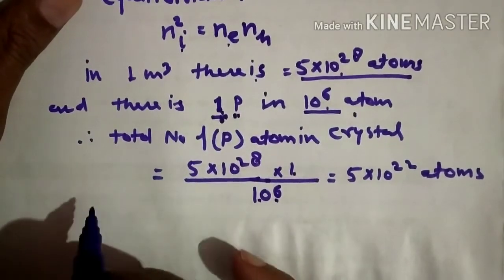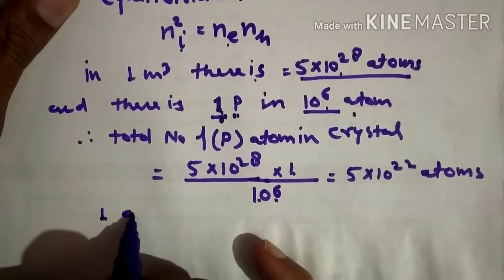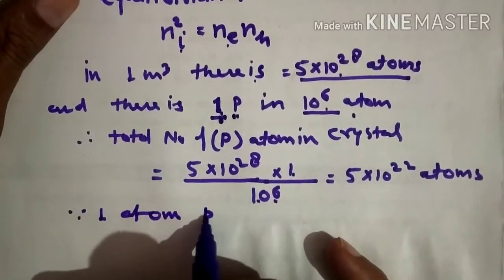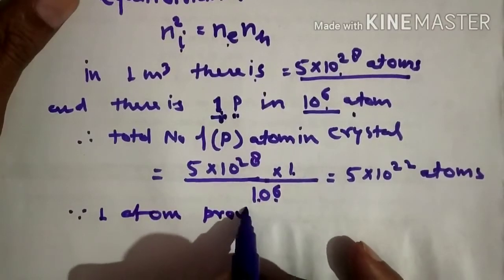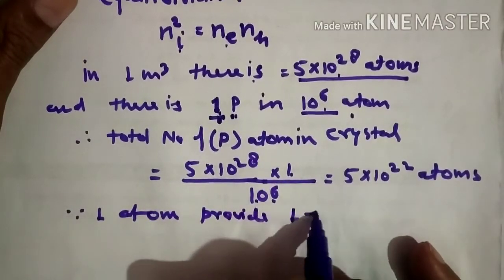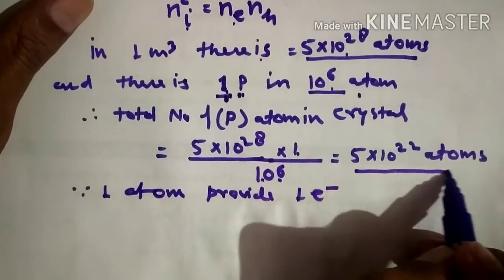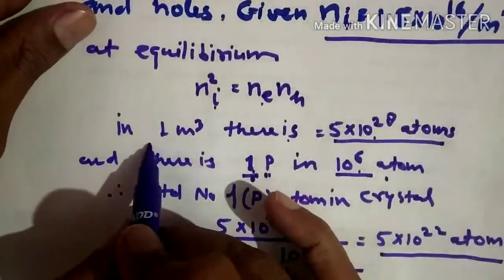We know that one atom provides one electron. So there are this many atoms in 1 meter cube.